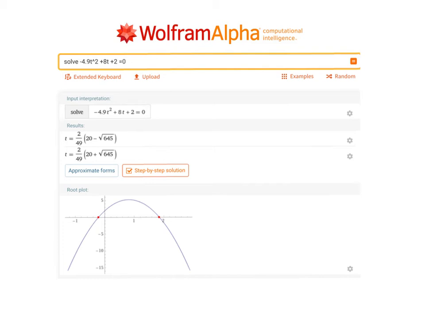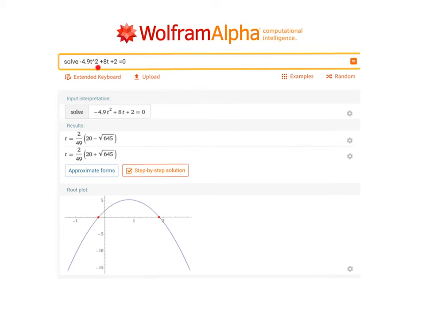So if you don't remember the formula for the solution to the quadratic equation, you just go to Wolfram Alpha and type in, you have to learn a little bit. You have to know that you have to type the word solve here, and then you have to know that when you want to raise something to a power, you have to use this caret.